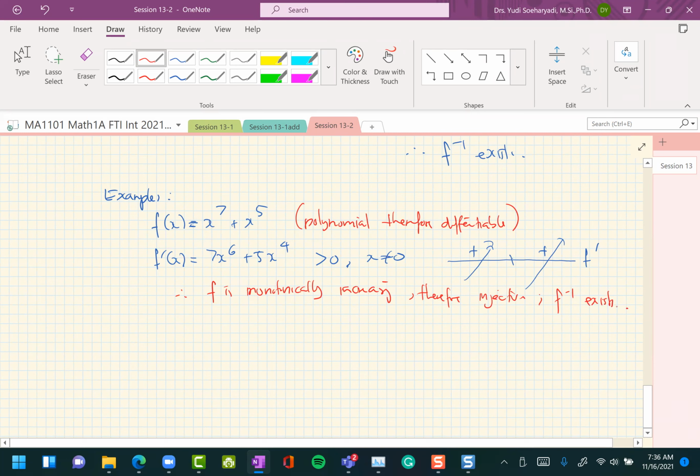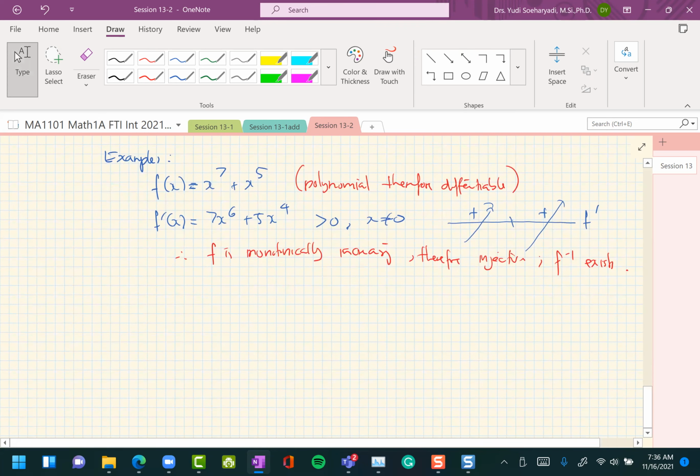Now, computing the inverse may not always be easy. Some are easy, some are not. Mostly are not, like this one.